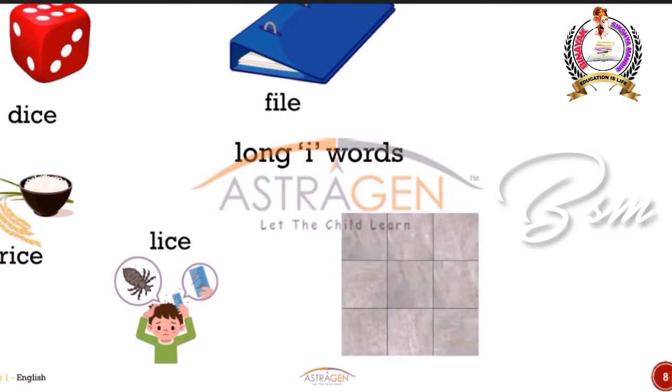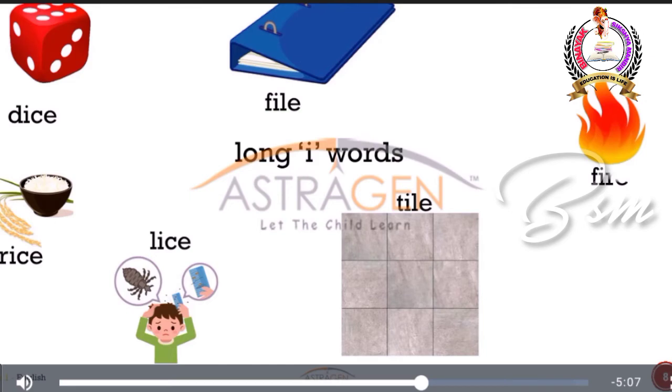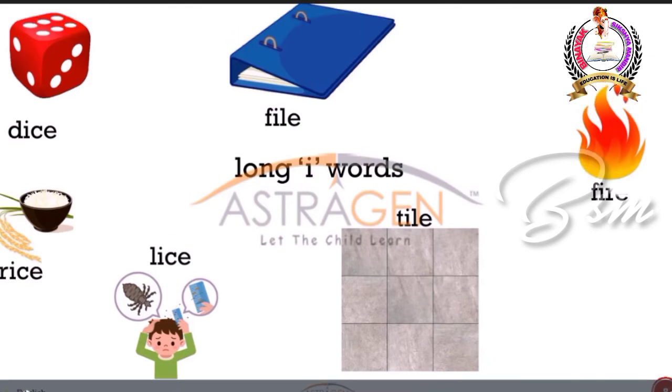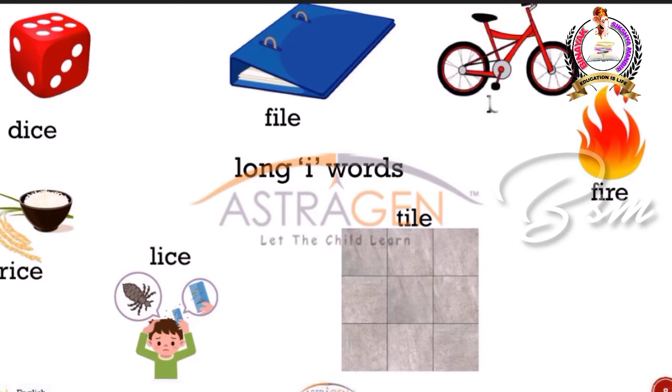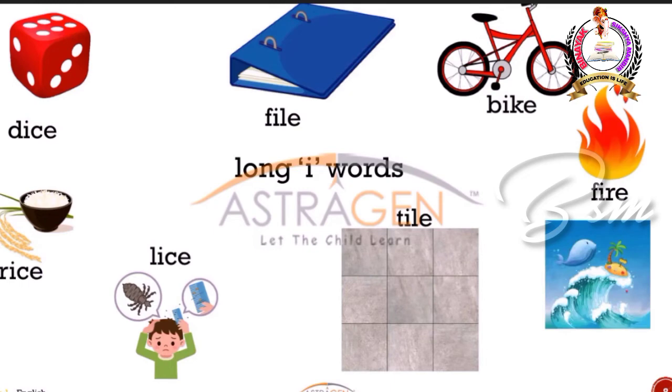Okay? Observe, children. All these words say their long sound. Okay? Of what? The letter I. Tile. Fire. Bike. And what's it? Tide. What do you mean by tide? The wave.